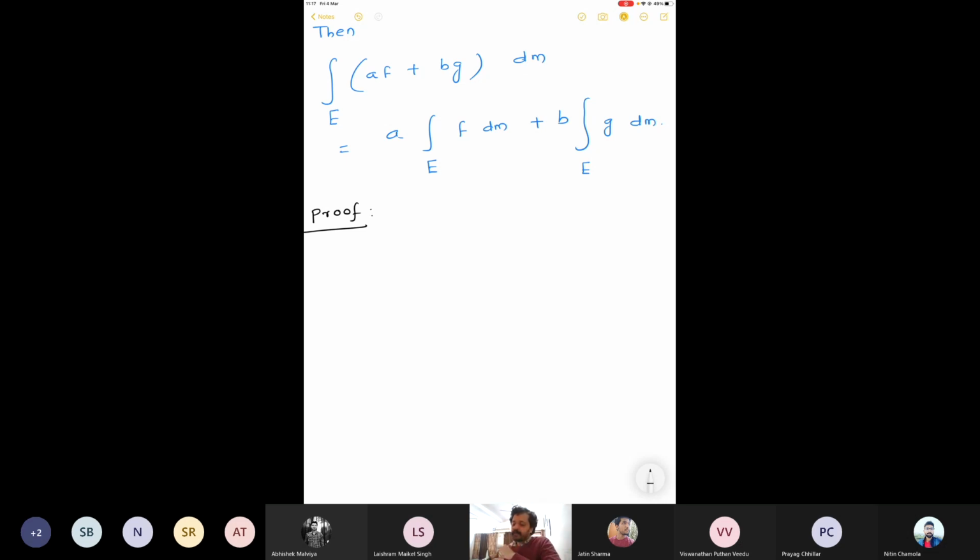So the main point of the proof is the following. If psi is a simple function, then a times psi will also be a simple function.